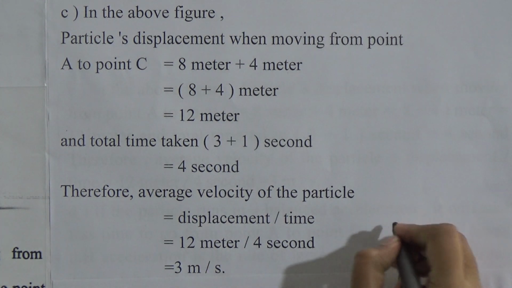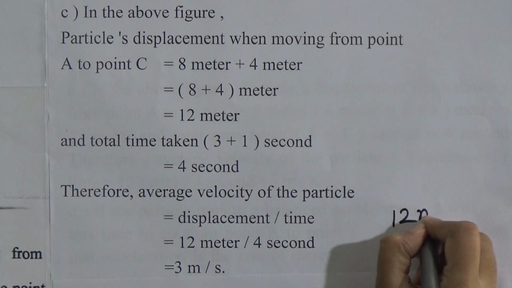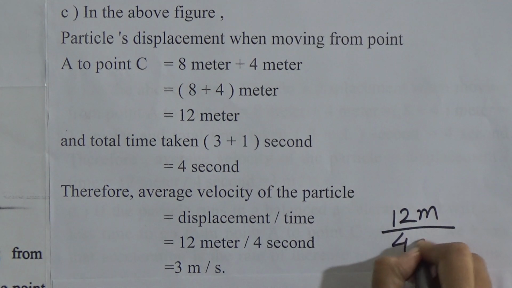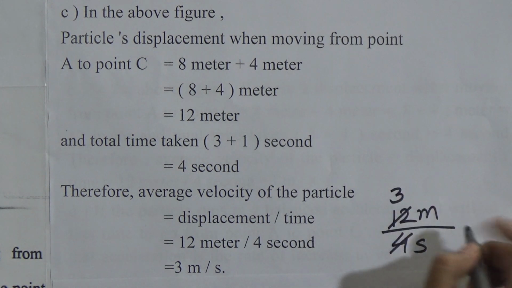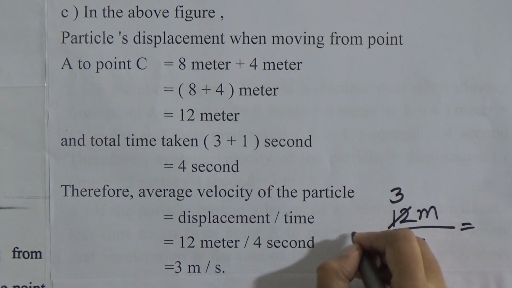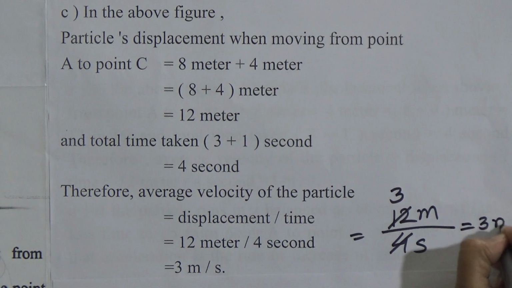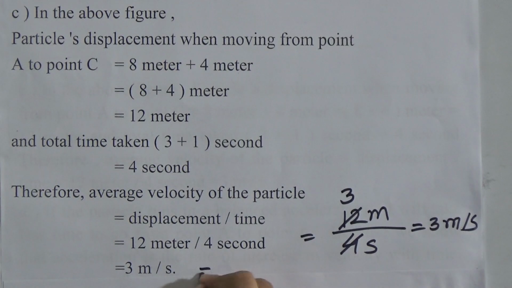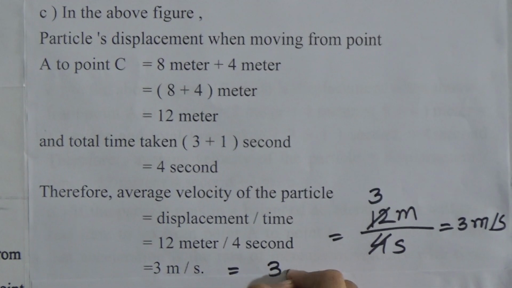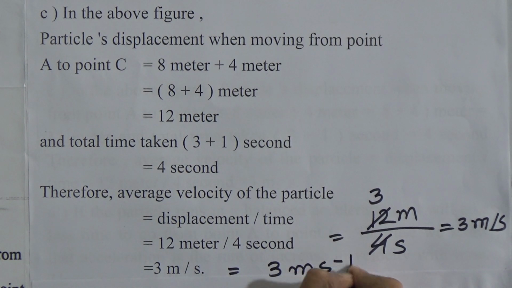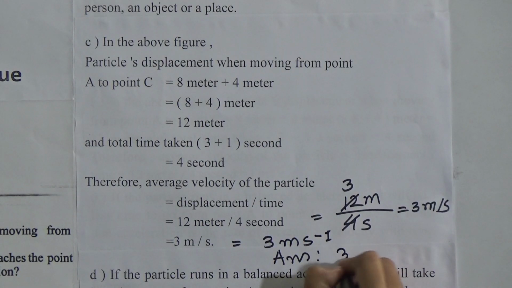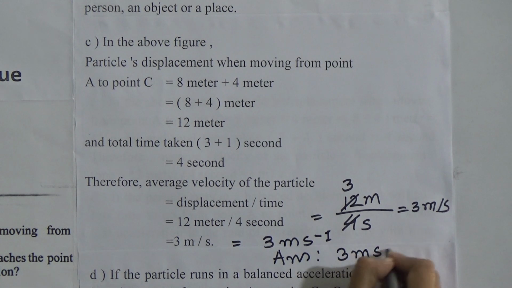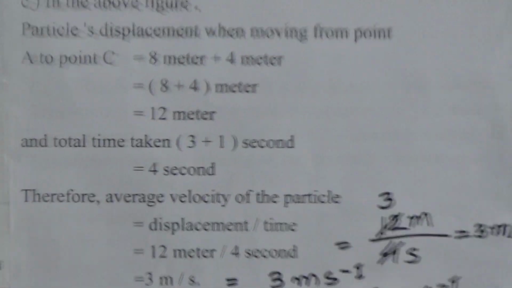Dear students, here you can write like this, and we can divide it by 4, then it equals 3 meter per second. You have to write the separate answer for question number C.